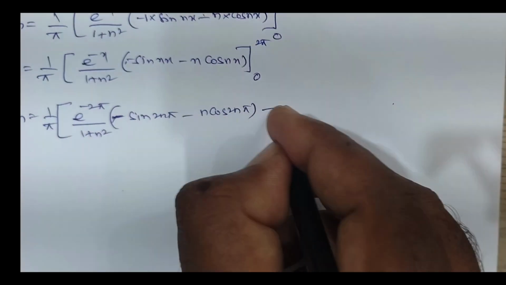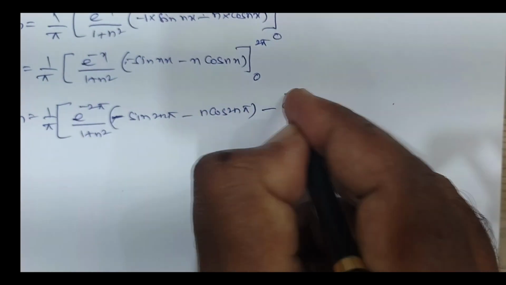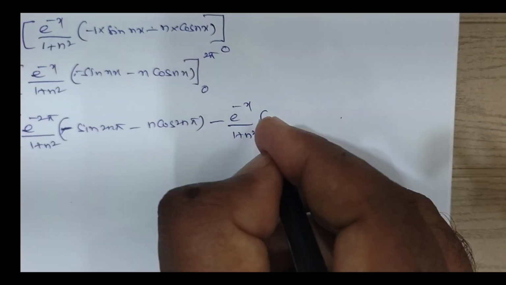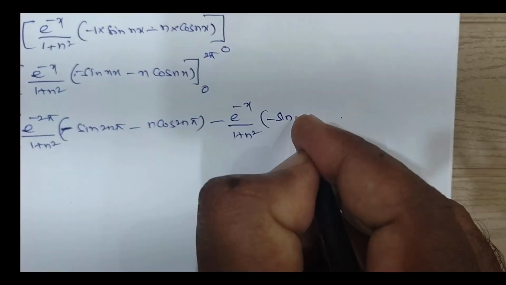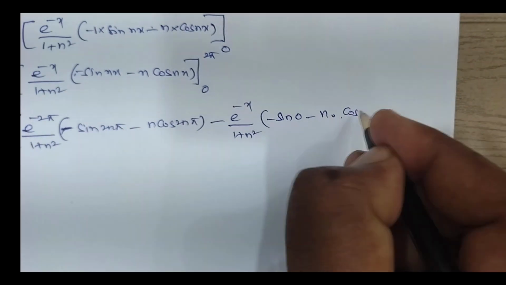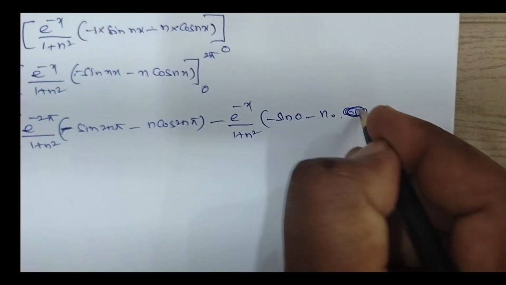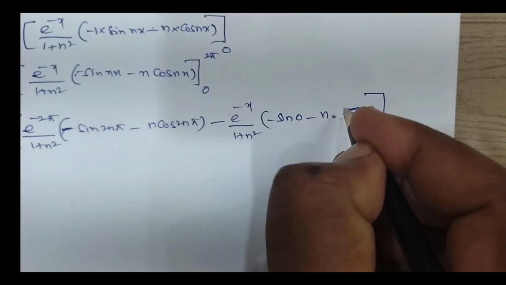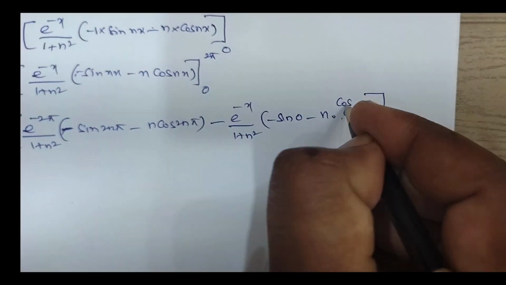So minus the lower limit: e power minus x by 1 plus n square into minus sin 0 minus n into cos 0. That means the total value is 0. Sorry, cos 0.